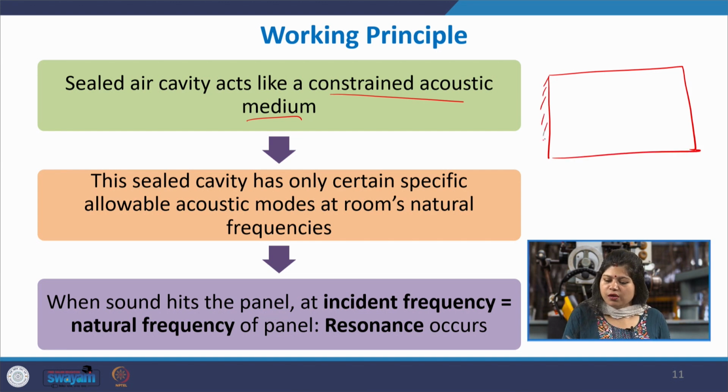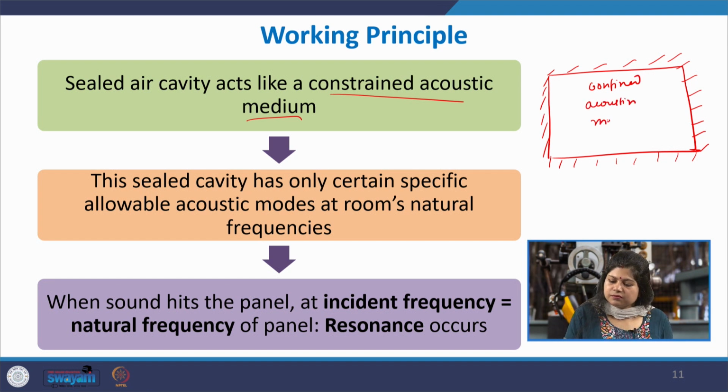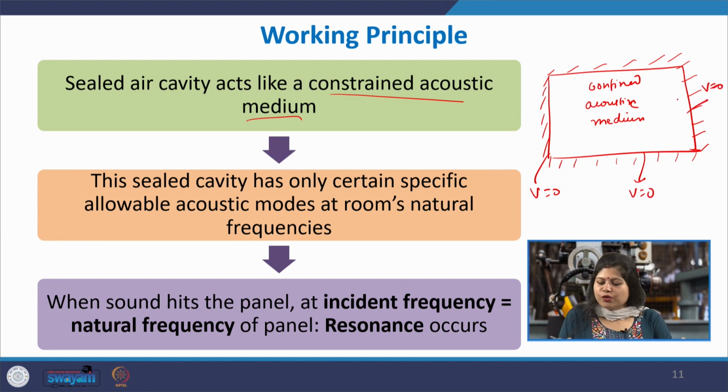This is the rigid wall, and we have some confined acoustic medium. Here the particle velocity has to become 0 on all these walls. So, what kind of wave can you observe? You cannot have any random wave.